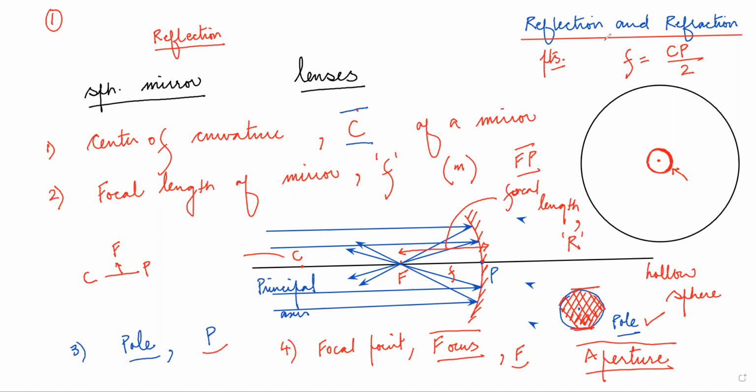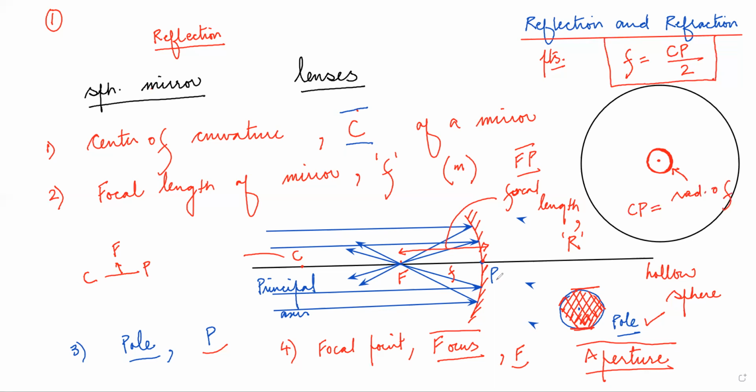So I can say F is equal to half of CP, right? Very, very important, students, that F is equal to CP by 2. CP is known as radius of curvature.